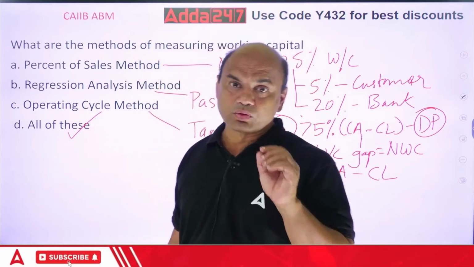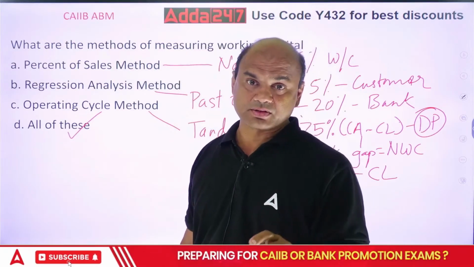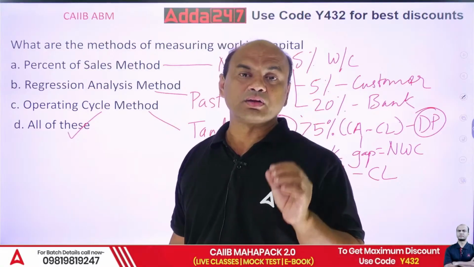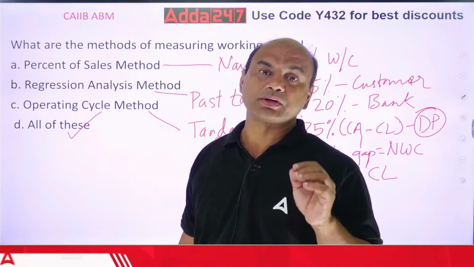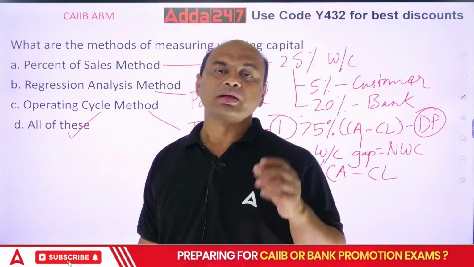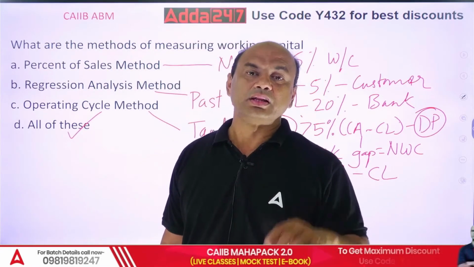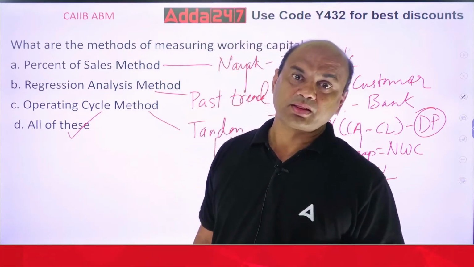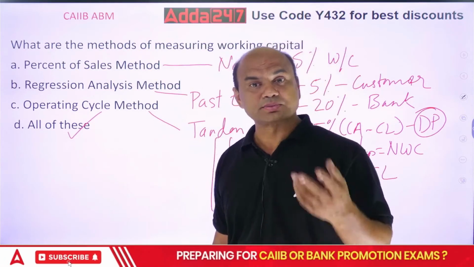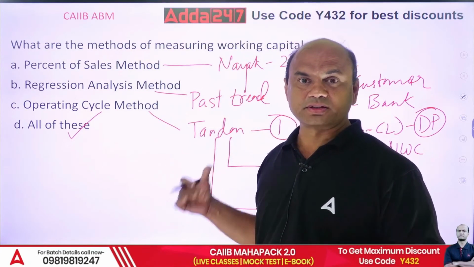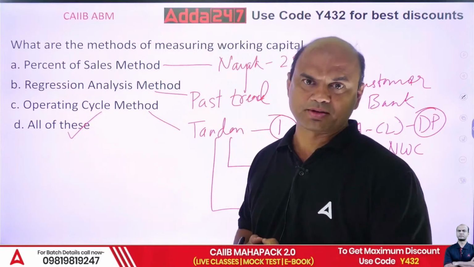Now, what you have to note in this, again a CIB question: none of the stock or debtors should be more than 6 months old. So 6 months is the criteria we have kept.